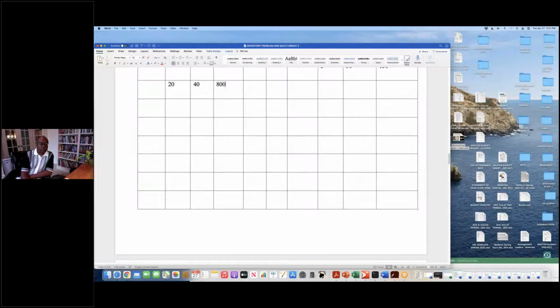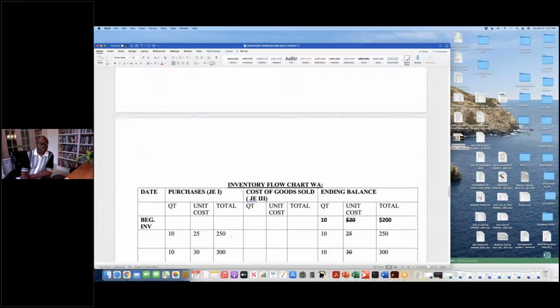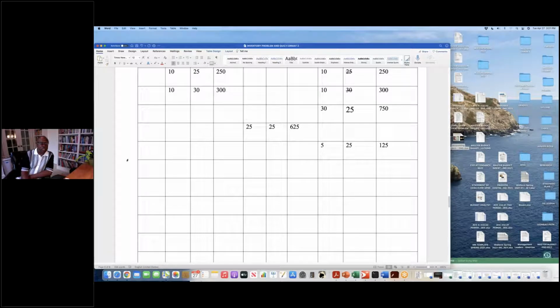Let's go to weighted average. So we got 20, 40, and 800. That's normal. Right. Okay, but when we do this, then all of this is gone.